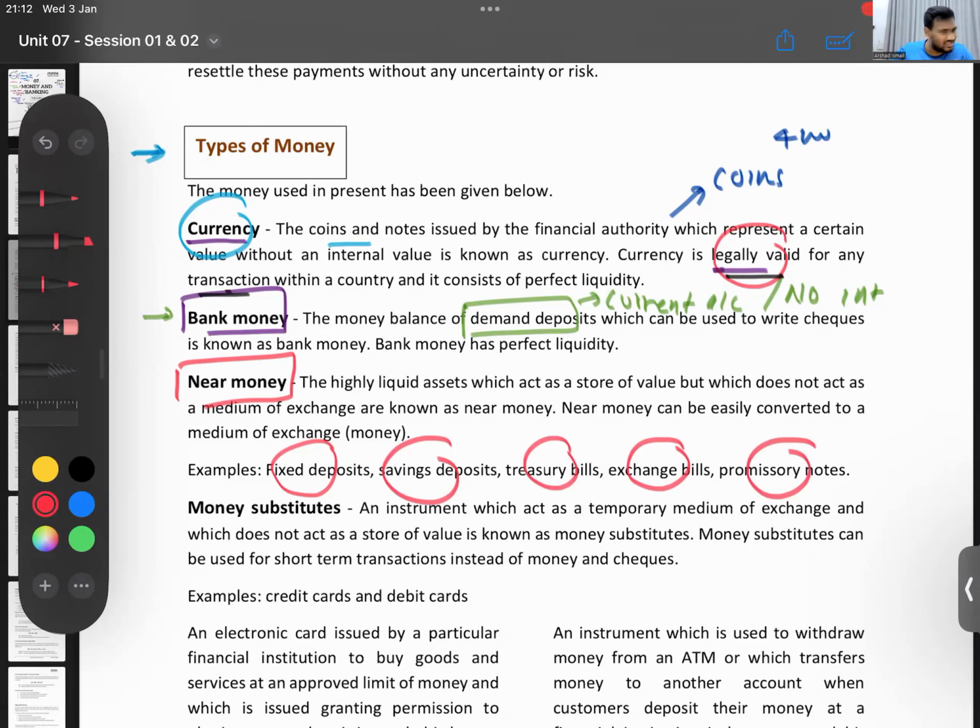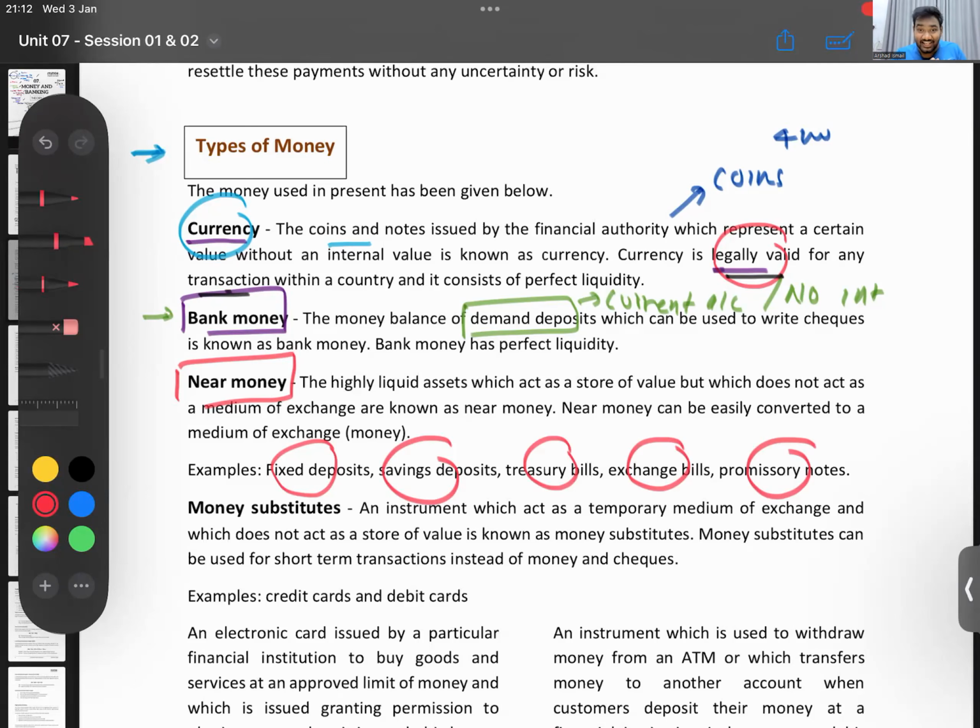You don't have to know each one of these, don't worry. All of those are what you call near money. Why is it called near money? Checks don't come under this. Checks are a part of demand deposits. Gold is also not near money.